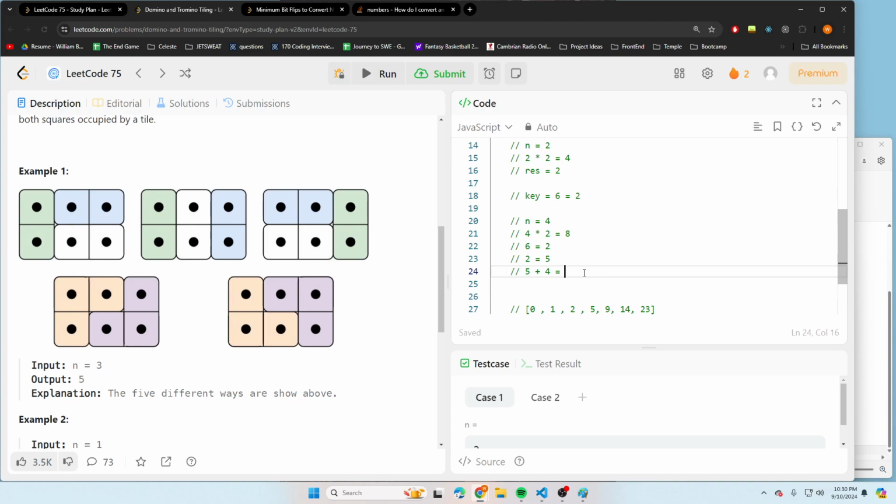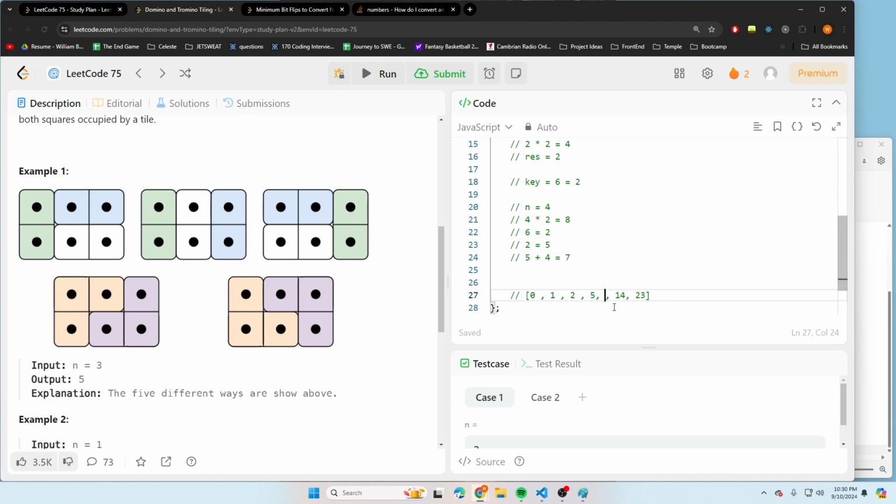So this is 7. So imagine if this is the way, imagine if this is actually the way how to do it. This is index of 0, 1, 2, 3, 4, 5, and 6, and equals to what?